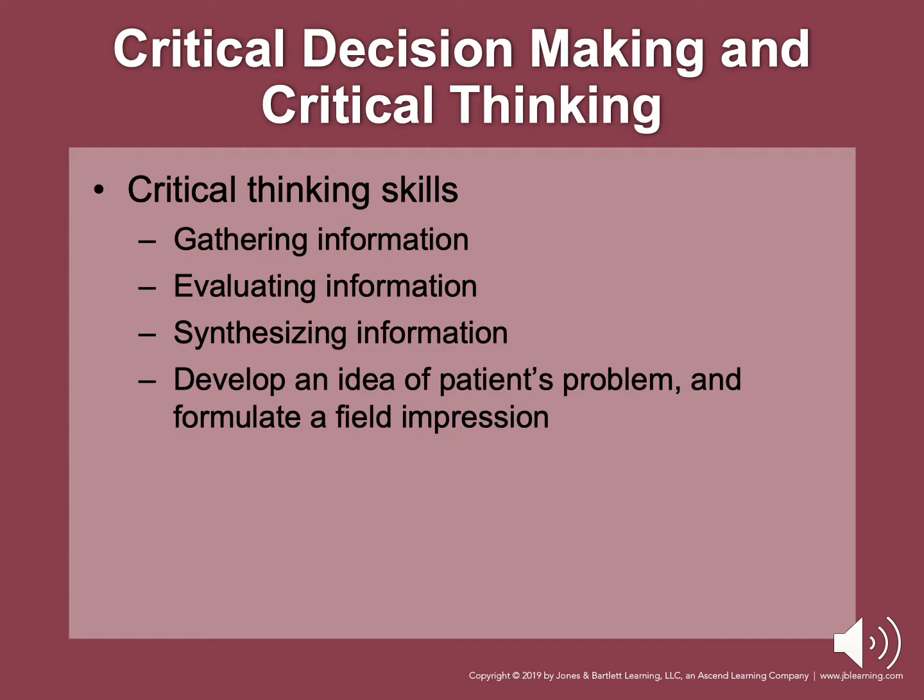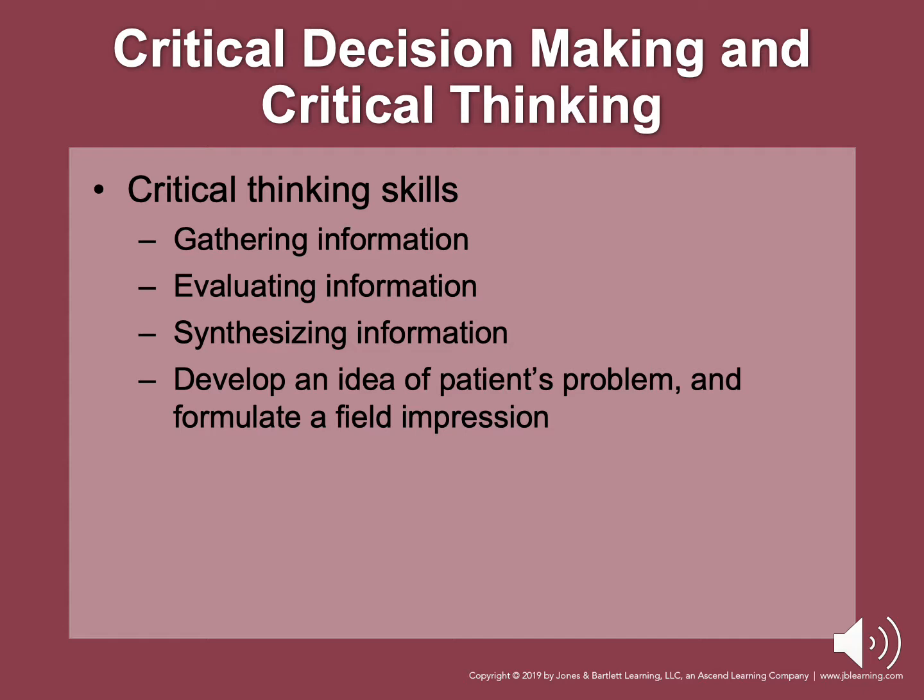So that field impression is going to be something that you get all the information for, and you kind of gather an idea of what's going on with that patient. It's sort of like a doctor's diagnosis, but we really can't diagnose what is going on with this patient. We can take the signs and symptoms and everything going on and say, hey, you're possibly having a CHF event. You are having a STEMI event.